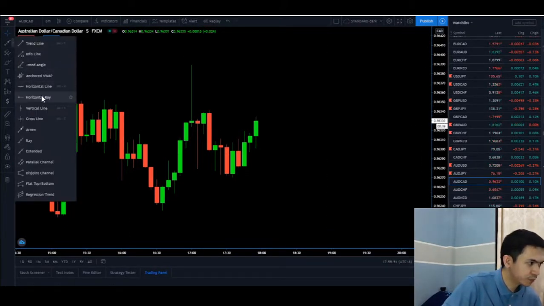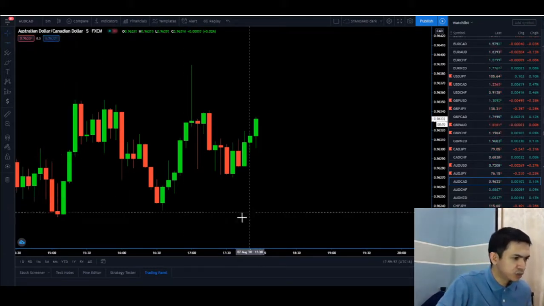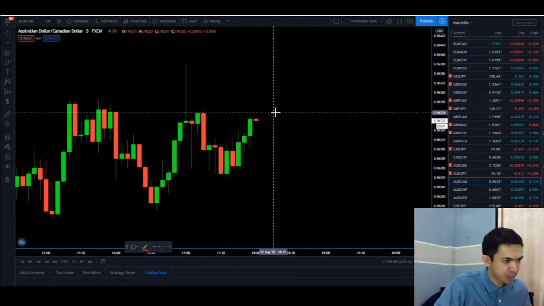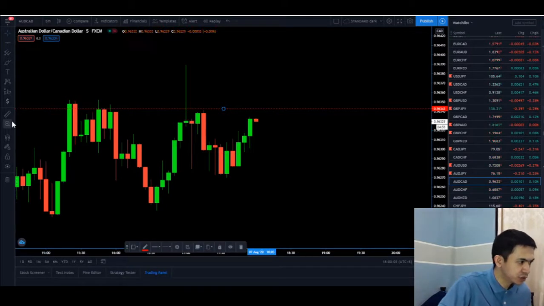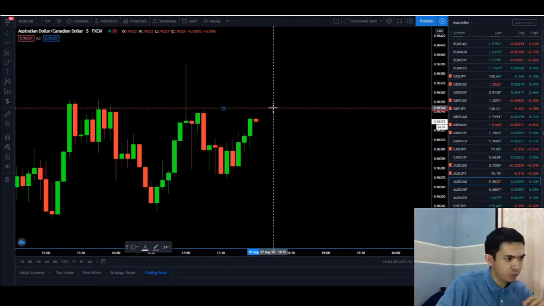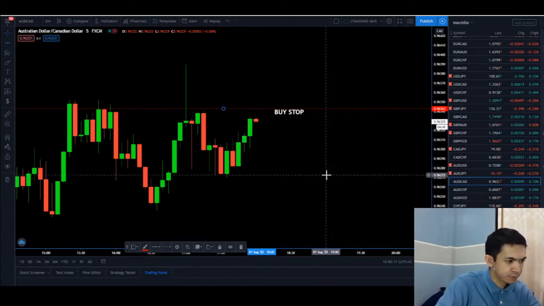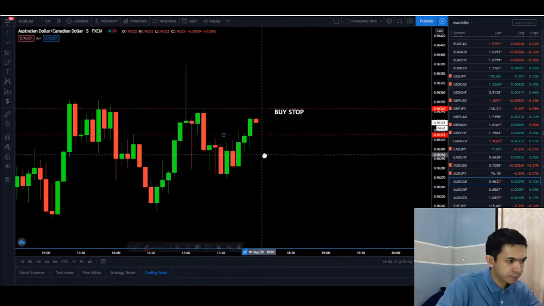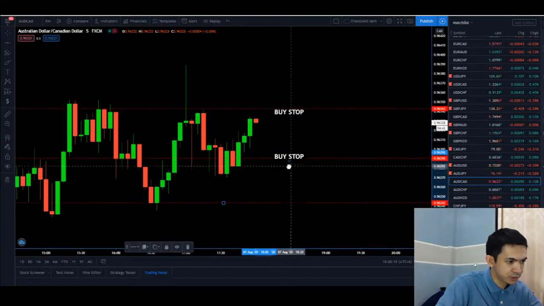So this is the opposite of a limit order, right? When you do a buy stop, I'm expecting the price to continuously move up. So this is your buy stop order, and this is going to be your sell stop.